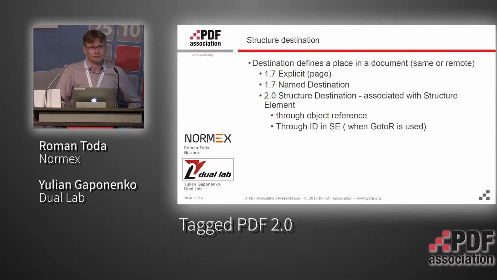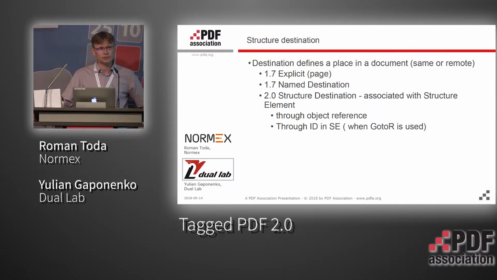But that's not all that PDF 2.0 brings to the game. Structure destination is a very nice small feature that helps to connect the structure tree root with the content. We know that a destination defines a place in a document. It could be in the same document or a remote document.